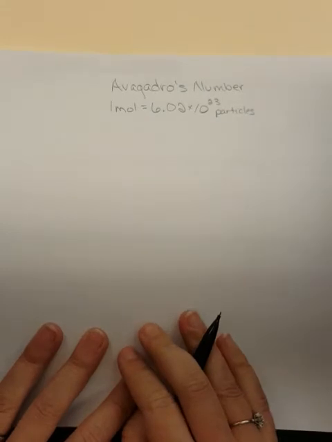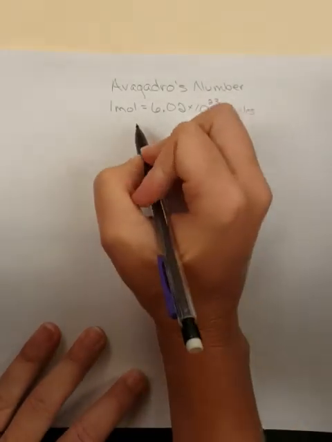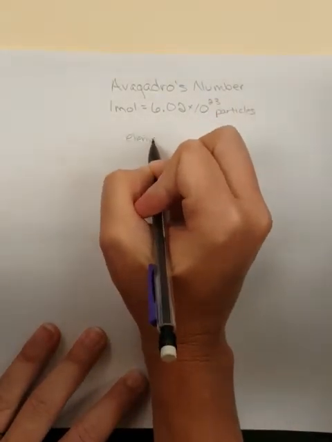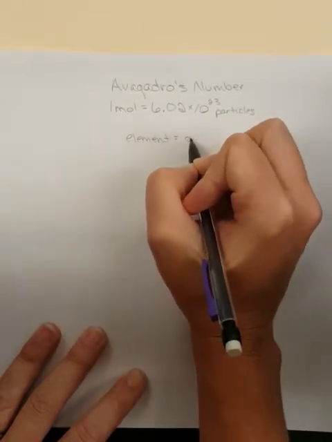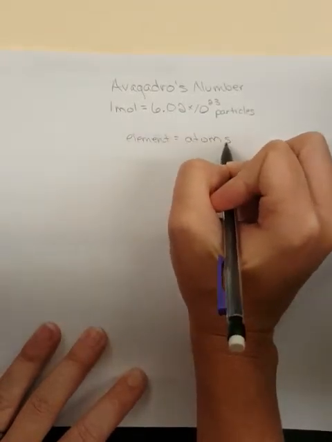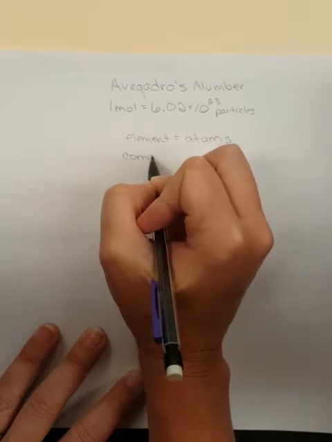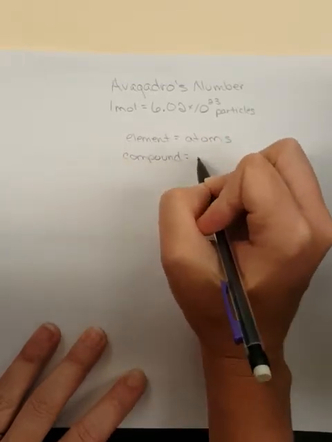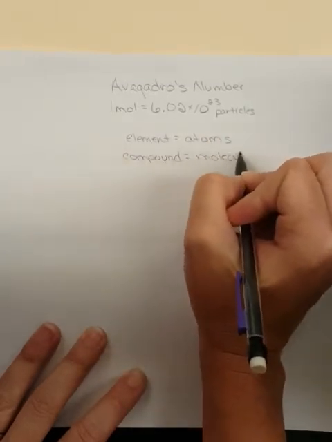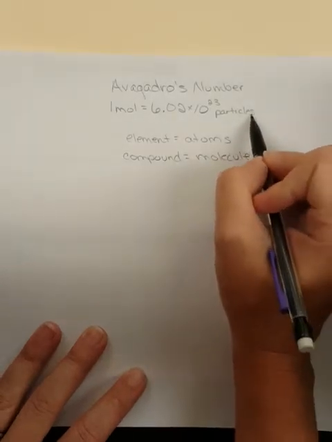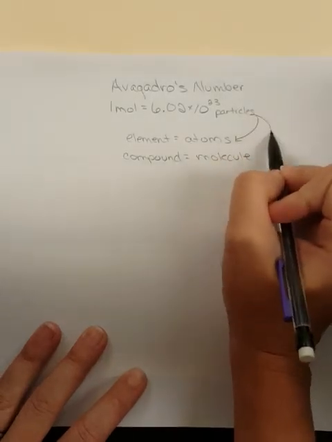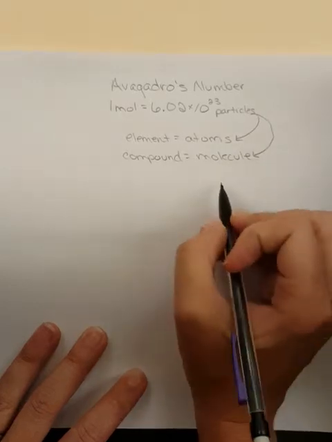We say the word particles because if we're talking about an element, then we're going to use the unit of atoms. And if we're talking about a compound, we're going to use the term molecule. So the word particles can be substituted with one of these.